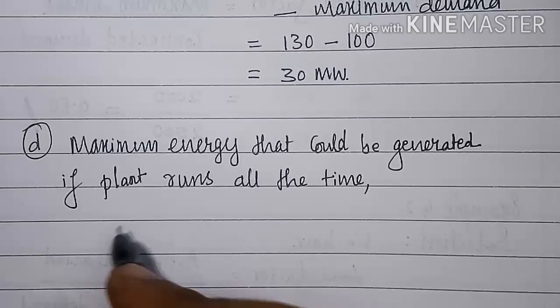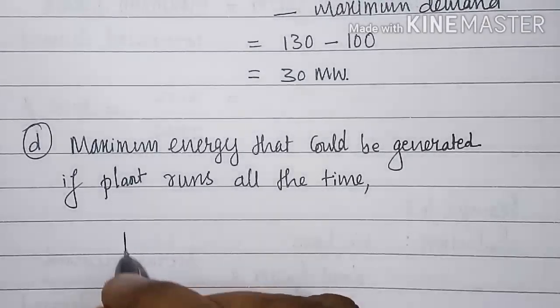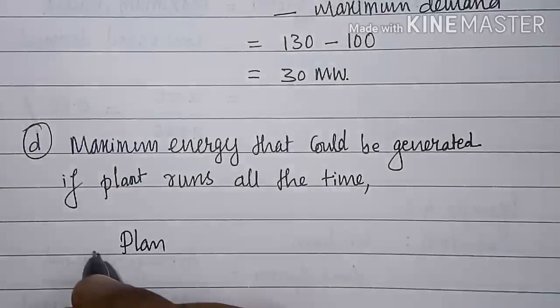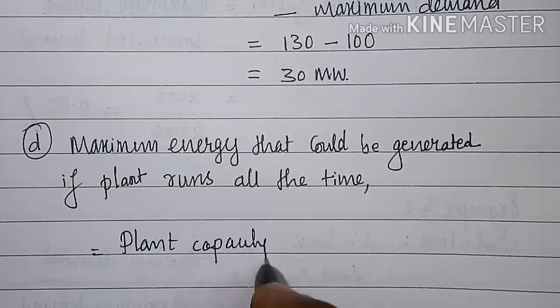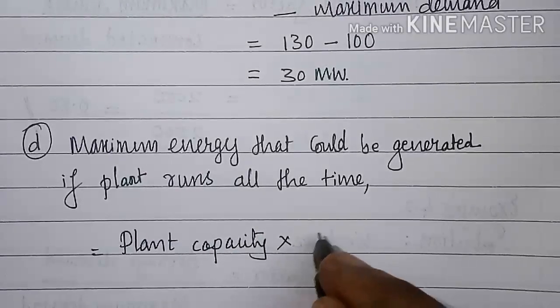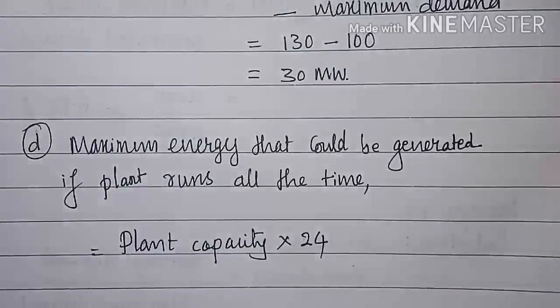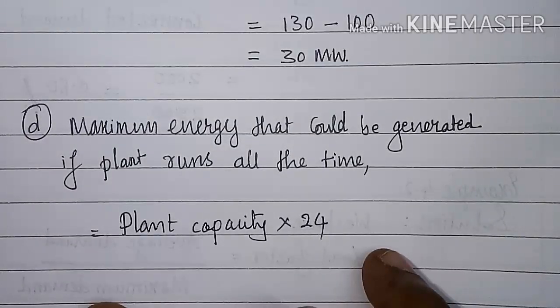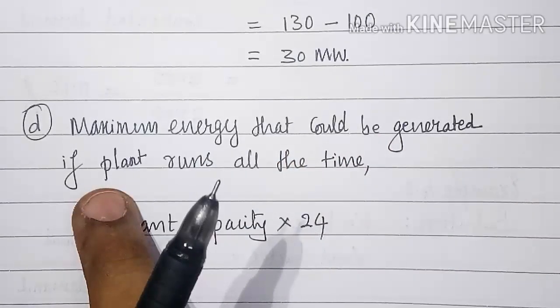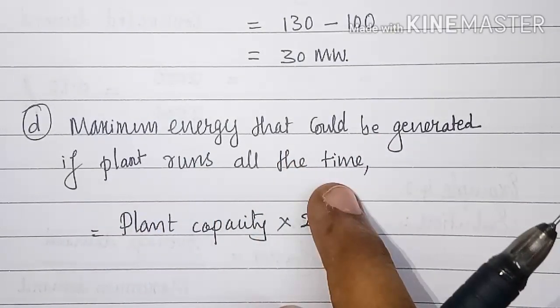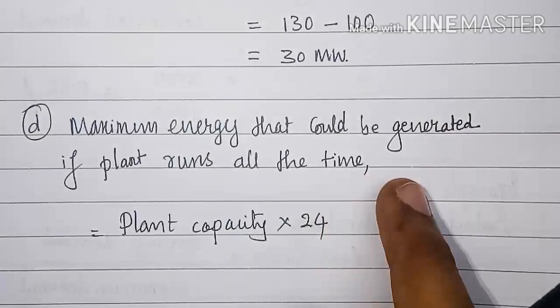That is equal to plant capacity into 24. 24 is number of hours in a day. That means here we are going to calculate maximum energy that could be generated if plant runs all the time in a day.